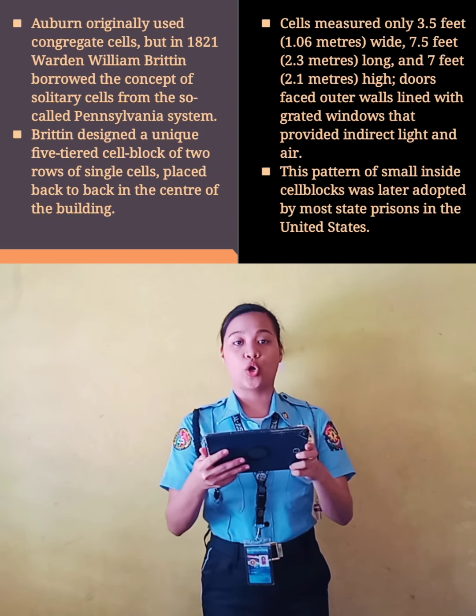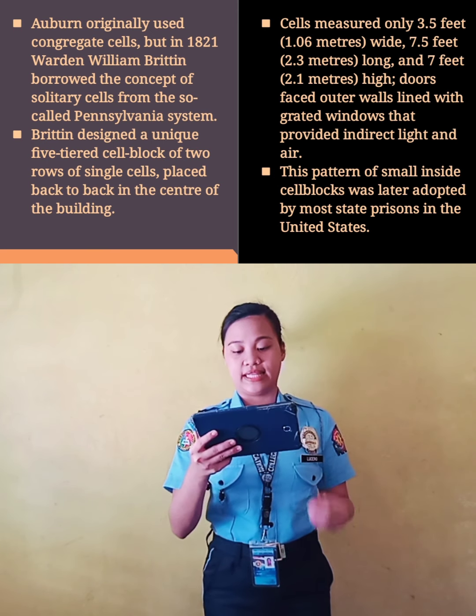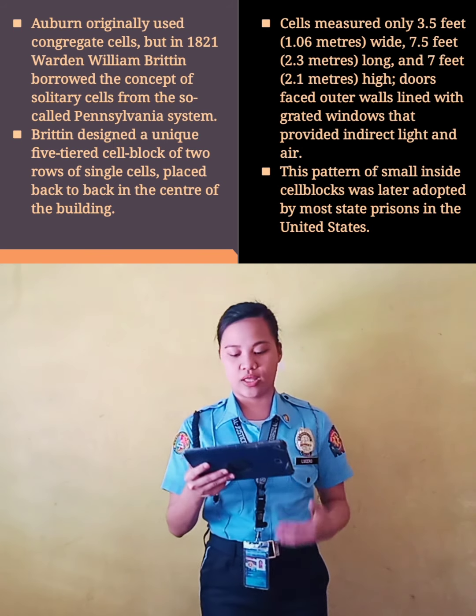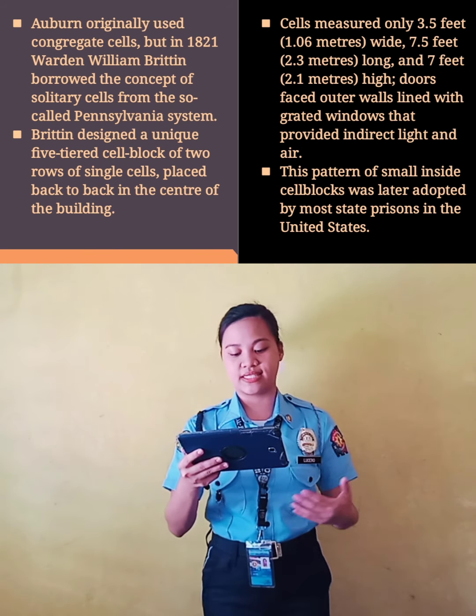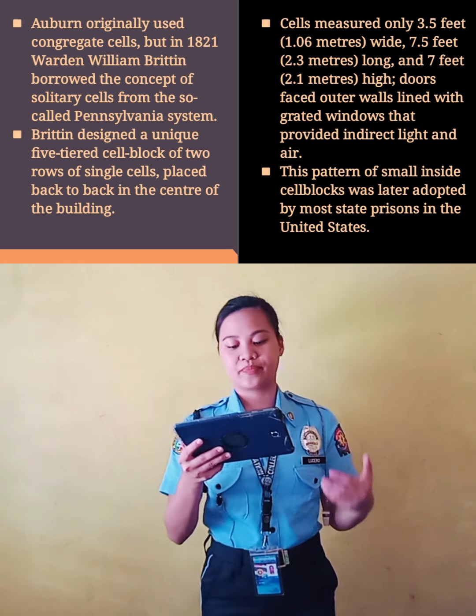Auburn originally used congregated cells, but in 1821, Warden William Brittin borrowed the concept of solitary cells from the so-called Pennsylvania system.